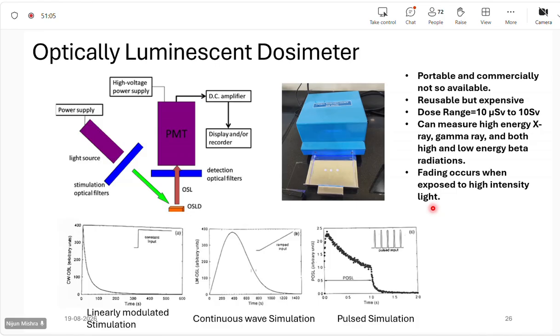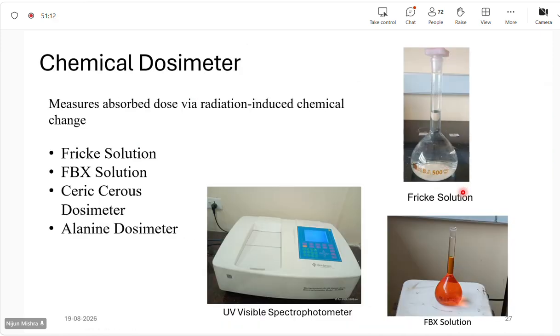Then we come to the chemical dosimeter. In our department, we normally prepare Fricke solution and FBX solution. These are a kind of chemical dosimeter, and we irradiate these solutions with gamma radiation. The Fricke solution is made up mainly of ferrous ammonium sulfate, sulfuric acid, sodium chloride, and water.